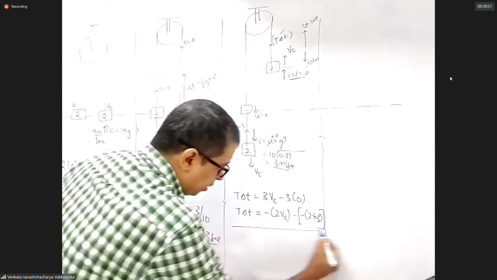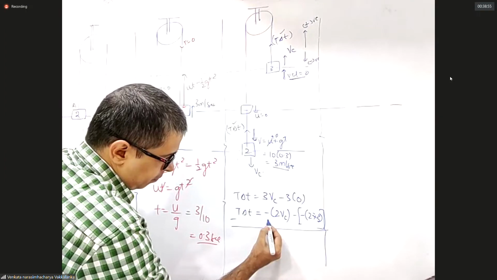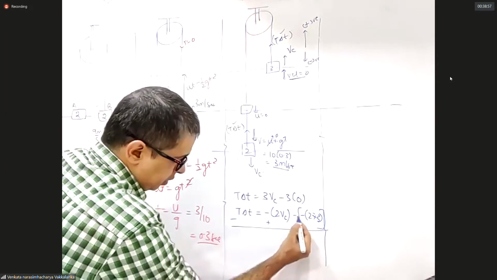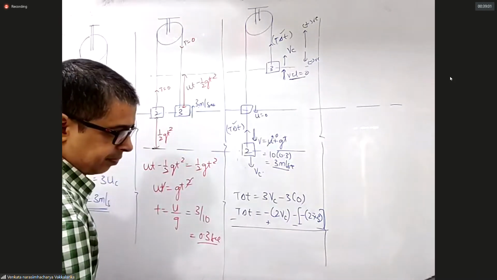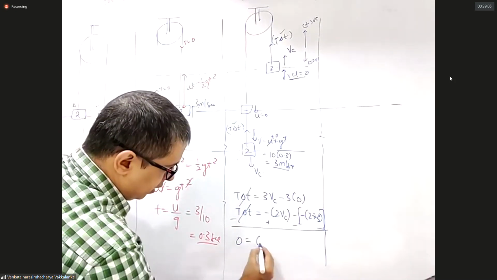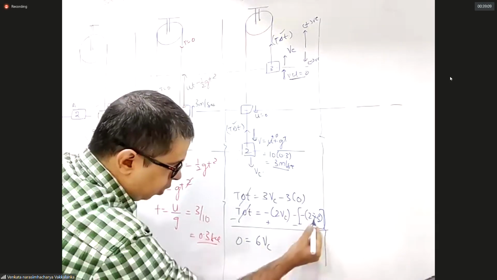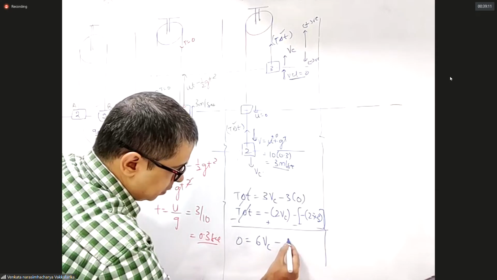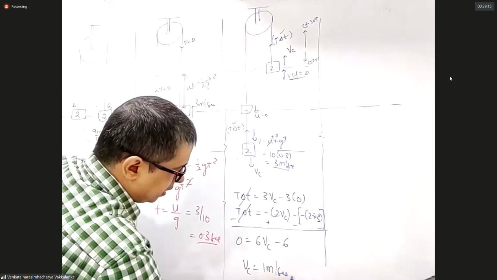Now subtract both the equations. Minus of minus is plus, so it becomes minus. These both will go. 0 is equal to 6 times V common. This is 0 minus 6. VC is 1 meter per second.